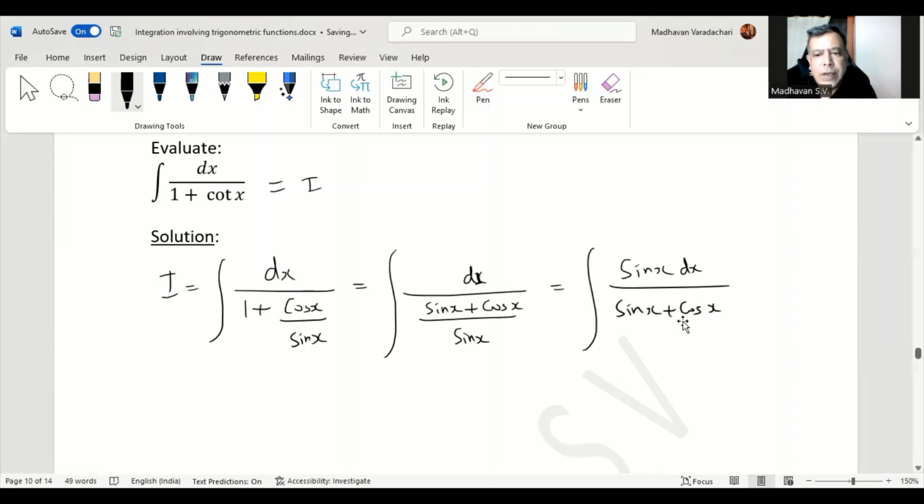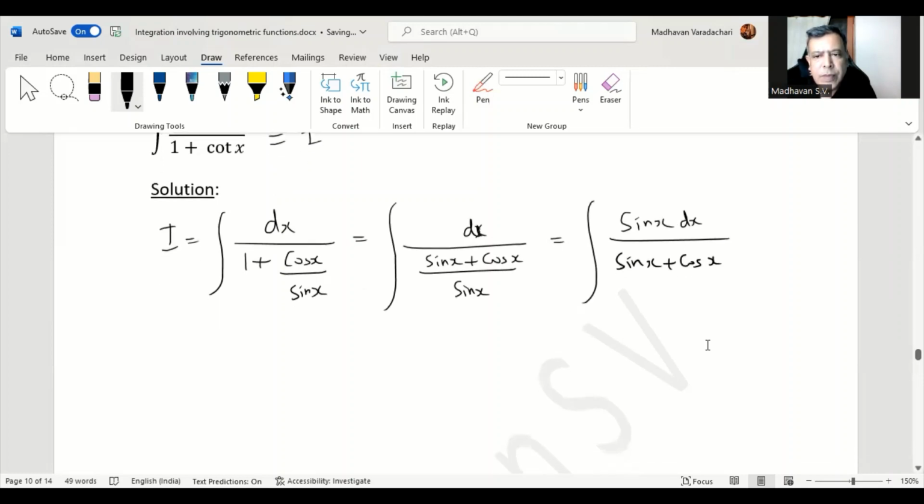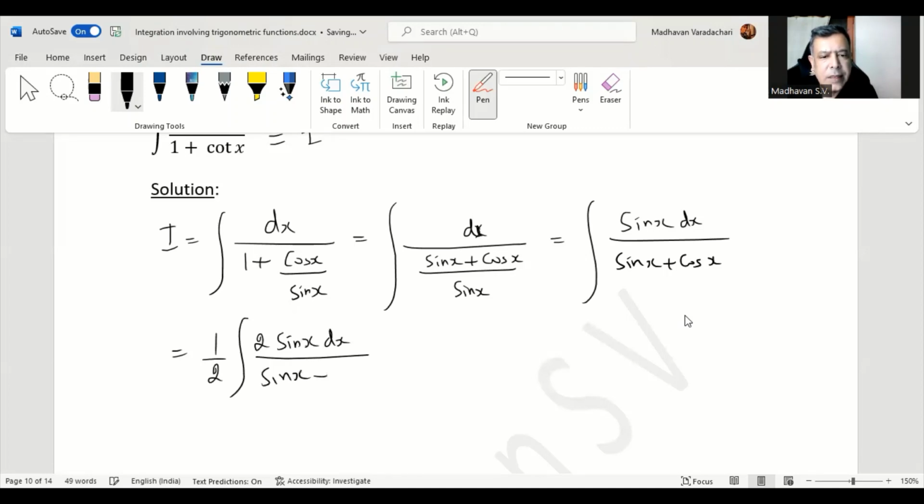Now, I want a similar denominator in the numerator also. So what I will do is first multiply and divide by 2, which means 1 by 2 times integral 2 times sin x dx divided by sin x plus cos x.